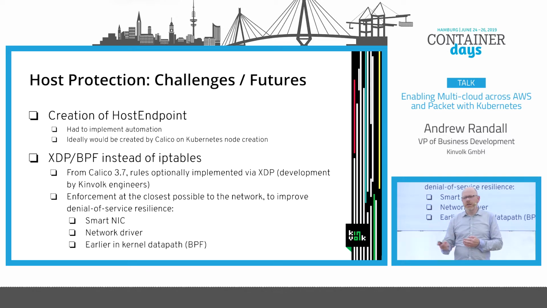With XDP, you can take those rules and rather than implementing them in the kernel data path, you can get all the way down onto the network card with a smart NIC, or just earlier in the stack in the kernel using BPF. So those are some things we have on our to-do list.